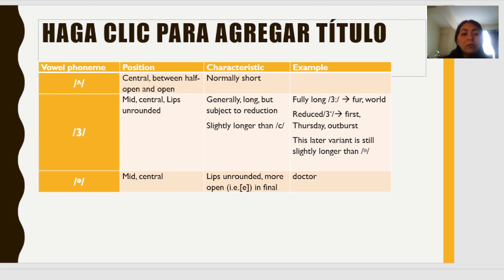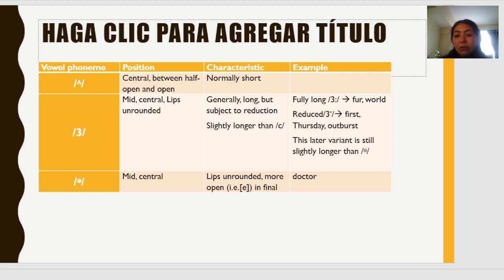The last ones: the position is central between half closed and open. Characteristic is normally short. The next is mid-central, lips rounded, generally long, characteristic long but subject not to reduction, slightly longer than another.